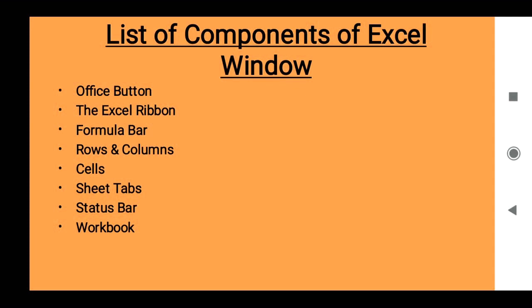Status bar, it is present at the bottom of the Excel window. It gives all kinds of information such as whether numlock is on or off, the page number, etc. Workbook. Each Excel file is saved as a workbook which may contain worksheets.